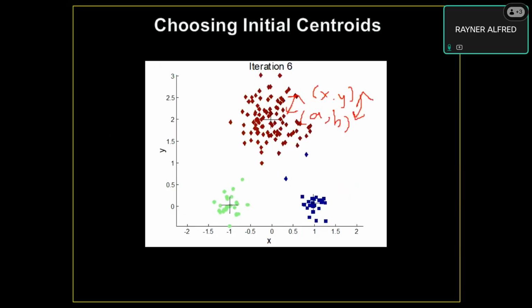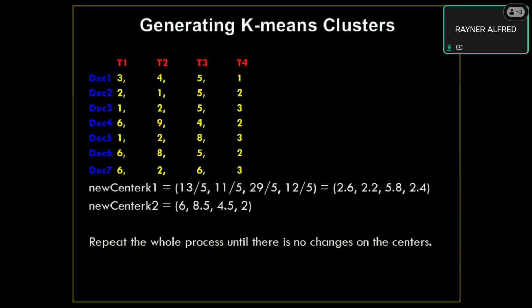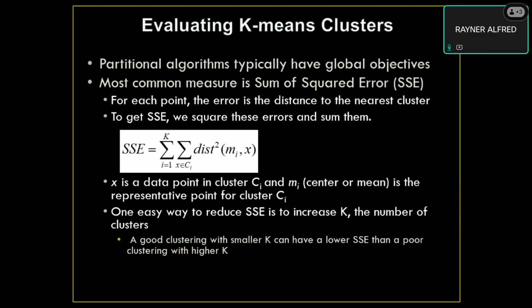They call it sum of square just to know how compact your cluster is. So for each cluster that you have, you need to find the compactness by finding the differences between the center and all the points that you have.